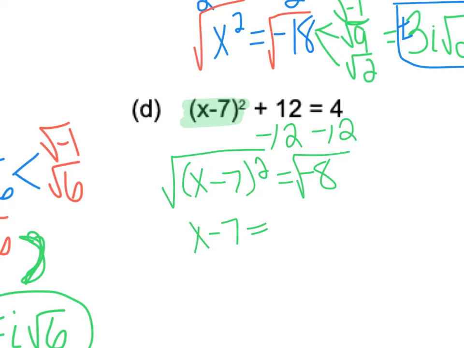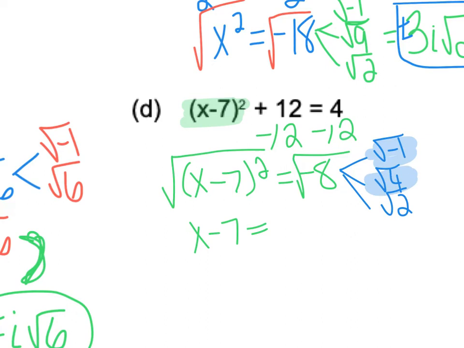And if I'm thinking about how to simplify the square root of negative 8, I'm going to take out that negative 1. And I'm thinking of a factor pair of 8 that has a perfect square, 4 times 2. So that would be the square root of 4 times the square root of 2. I know that the square root of negative 1 is i, the square root of 4 is 2, and the square root of 2 is just the square root of 2.